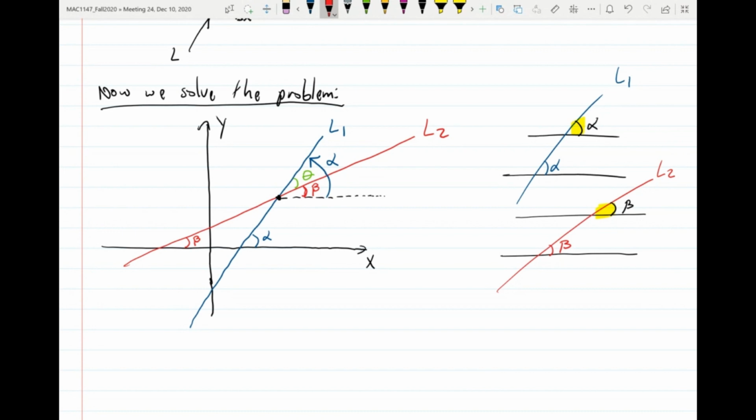Okay, all right, so now let's focus right here. This is what we want to focus our attention on right now. In that picture, we have three angles. Can anybody tell me what relationship we have between these three angles? What relationship do you observe between the three angles, theta, beta, and alpha?